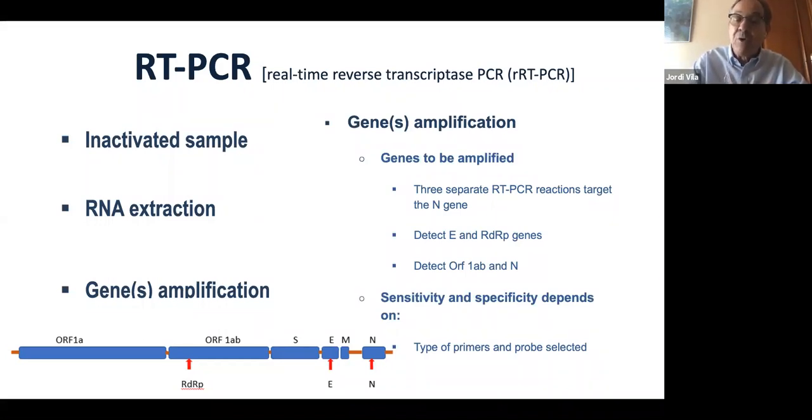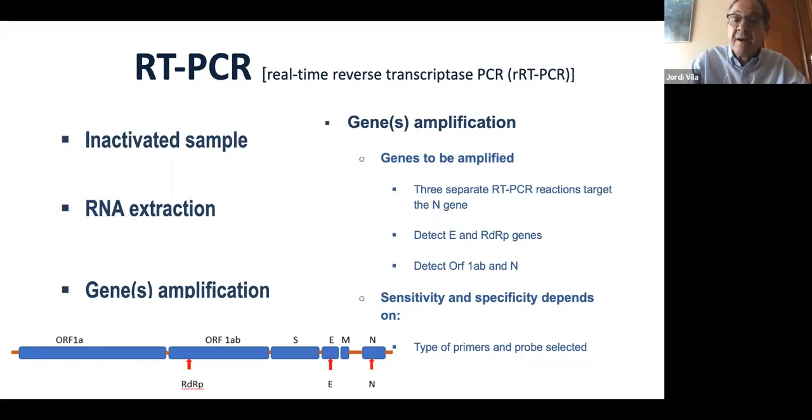The first protocol amplifies 3 separate regions of the N gene, and is the protocol designed by the CDC in the United States. It detects 3 different regions from the N gene, and it has been extensively used in the United States. There is another protocol which includes the amplification of the E gene and the RdRp gene.